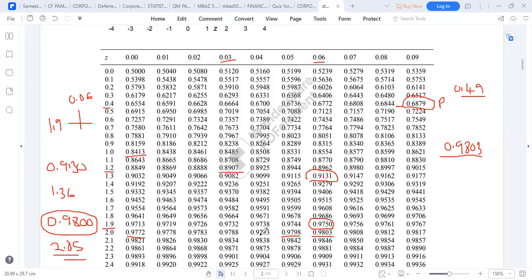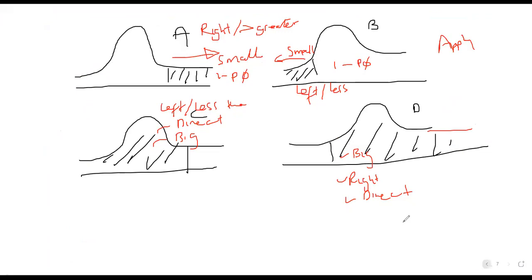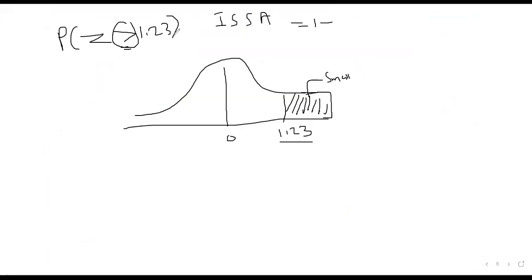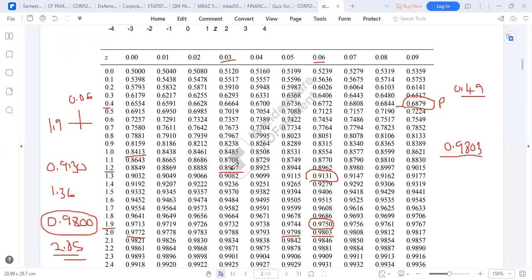Some of these things we get as I explain as we move on. So greater than 1.23: we first find 1.23, and greater is to the right. Then we shade. This shading is small. When we go to 1.23, it gives us 0.8907.